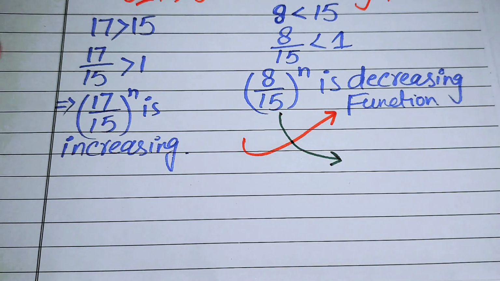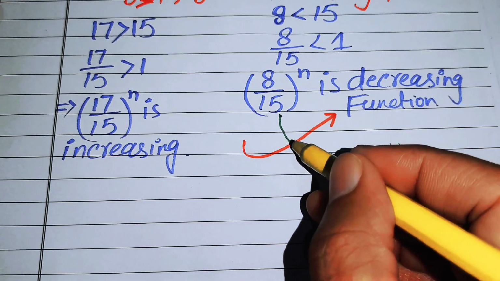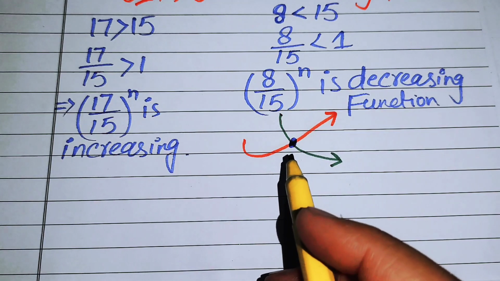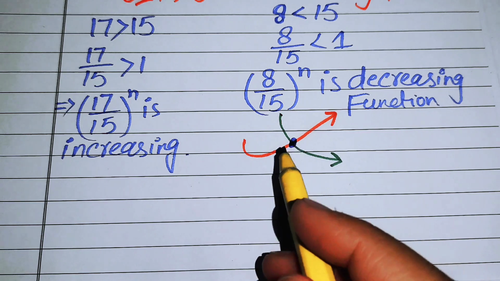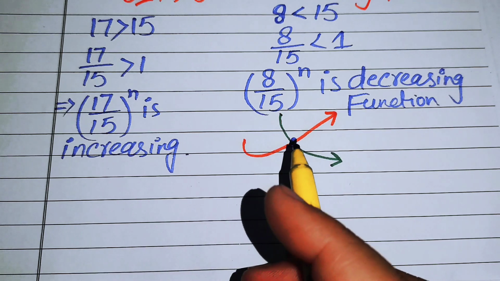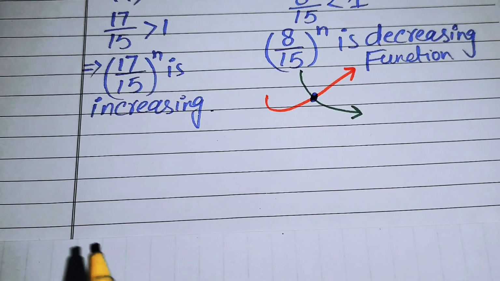You see here that the increasing and decreasing functions intersect at only one point, and this point is the solution of this problem. So now our target is to find the point of intersection of the increasing and decreasing function. In order to find this point, I can find it by inspection.